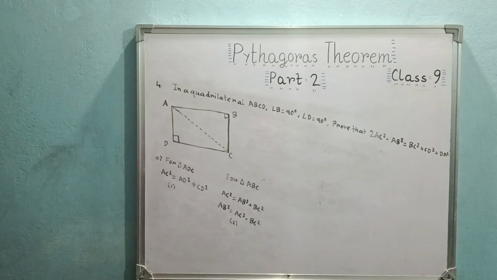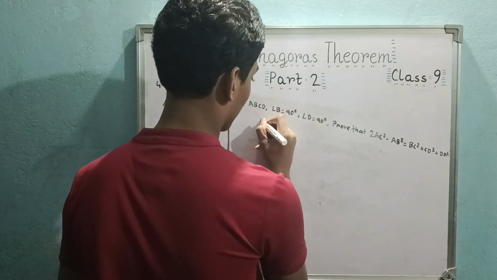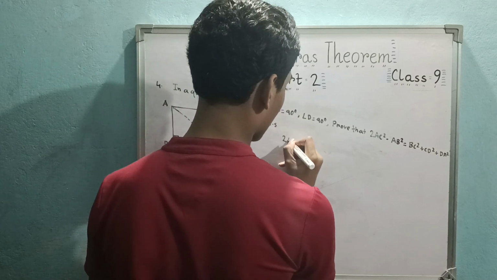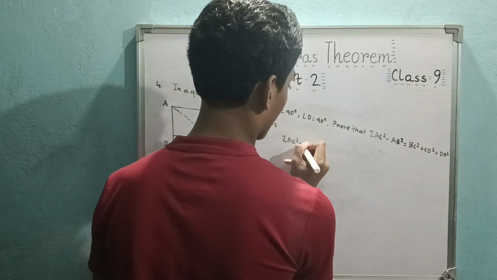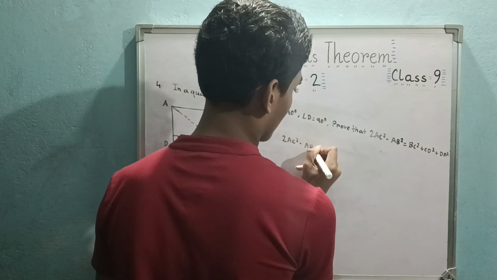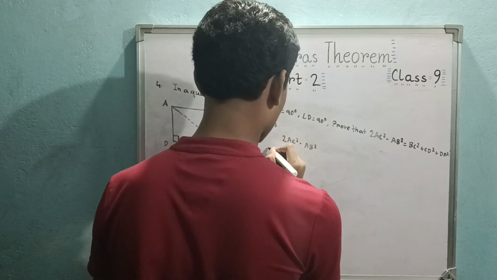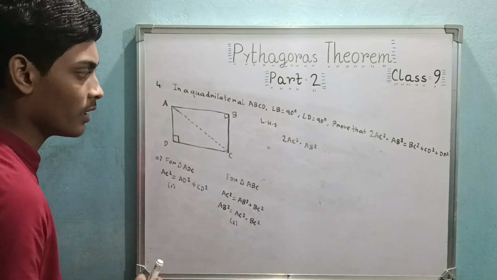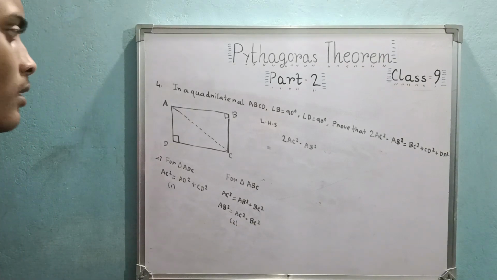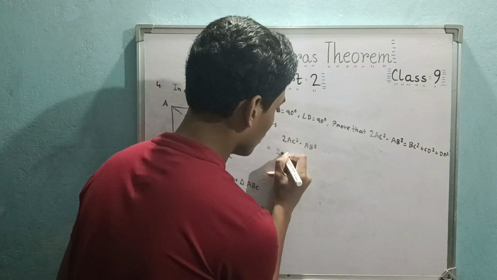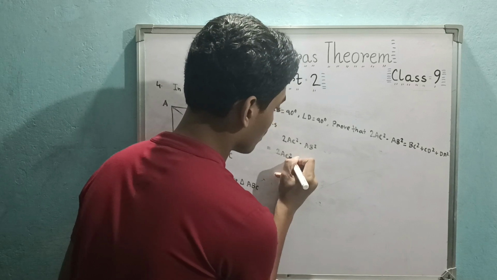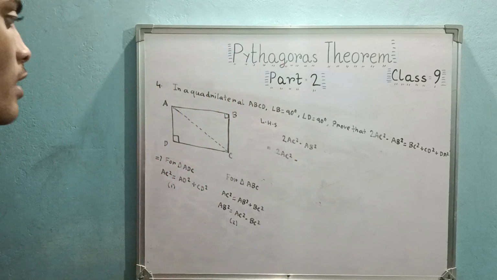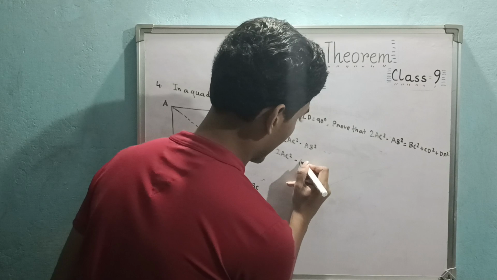Now for proving, let's go for LHS. LHS: 2AC square minus AB square equal to, now see, here I have AB square's value as this one. So I will substitute it: equal to 2AC square minus, in brackets, AC square minus BC square.